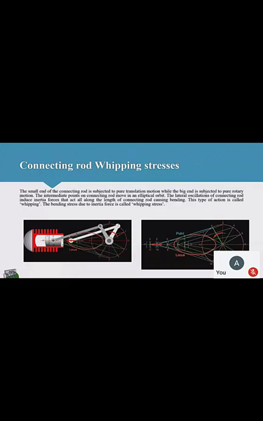Whipping stress. See, in order to make you understand, I have shown you two figures. See, the piston is moving in this direction. The connecting rod is going to, the crankshaft is going to rotate in the complete rotation.